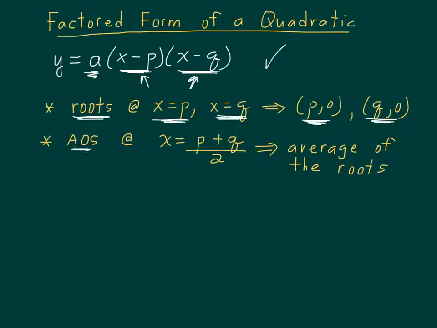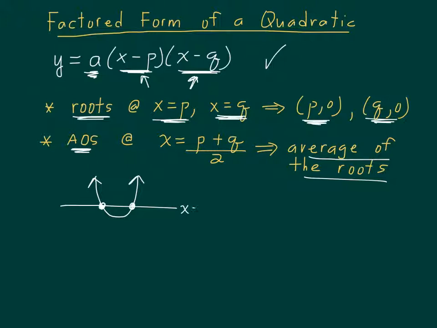The axis of symmetry. This is found by simply taking the average of your roots. So if your roots are p and q, add them together, divide by 2, you're going to have your axis of symmetry. That's because the idea is if this is our parabola, and let's suppose we have a root right here, and we have a root right here.